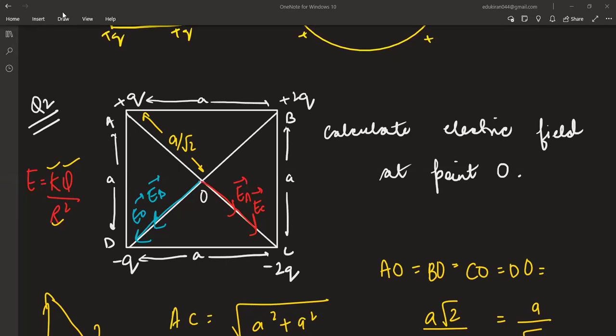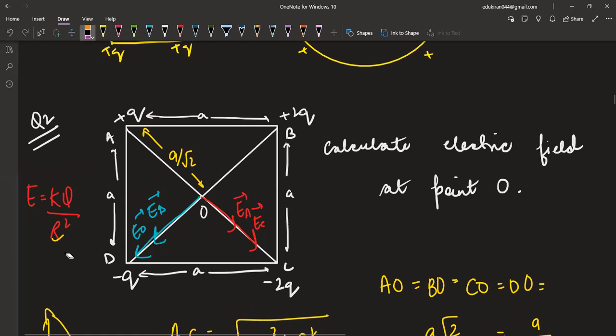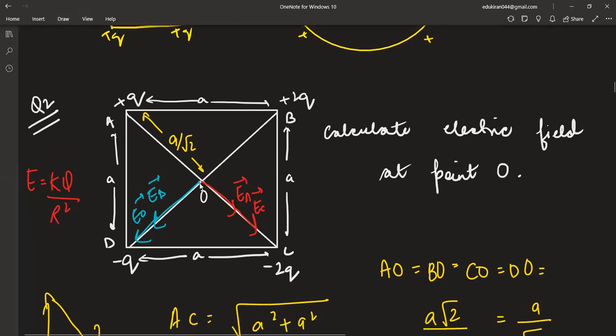This is the general formula, kq by r square. Can you repeat it? The electric field at the point O because of the charge at B point. Yes, ma'am. It will be k, then 2q by a by root 2 whole square.